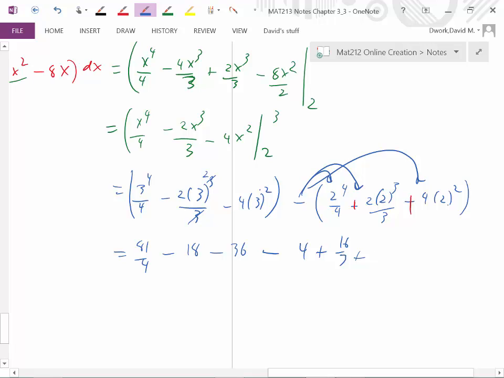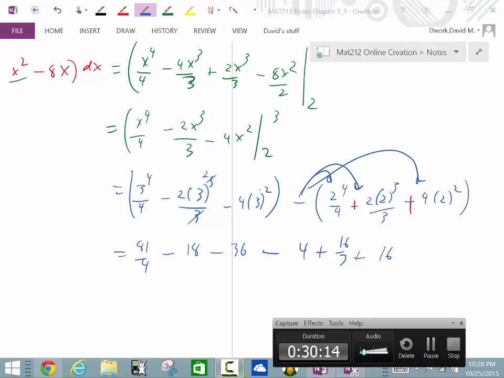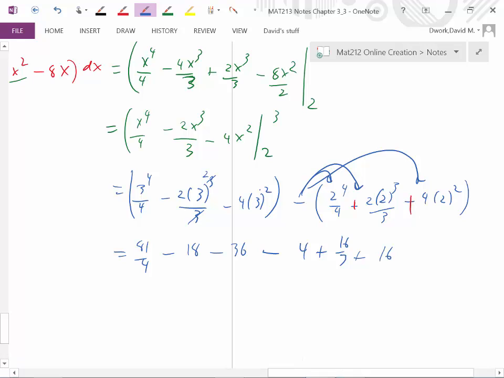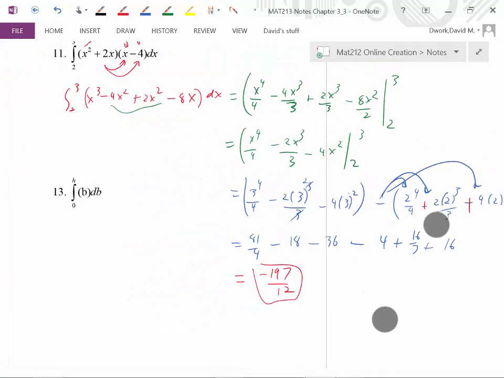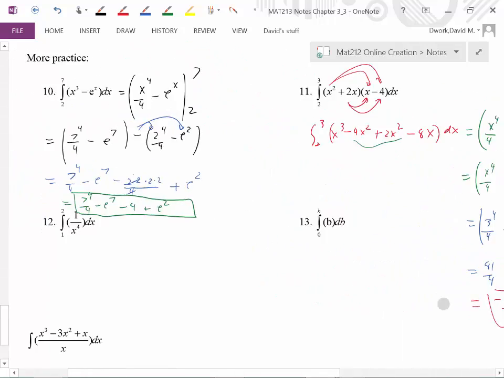Plus 2 times 2 is 4, 4 times 4 is 16. Oh, goodness. I'm just going to be lazy. I'll pop this in my calculator. And my calculator has told me, assuming I made no typos, which is not guaranteed, negative 197 twelfths. All right, double check me, let me know if that's not quite right. But what I'm really concerned about is, did you get the big idea here? And I think you guys did.